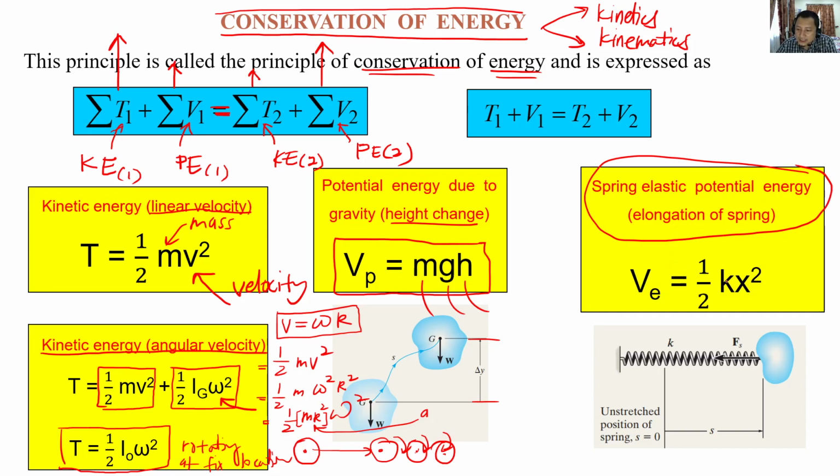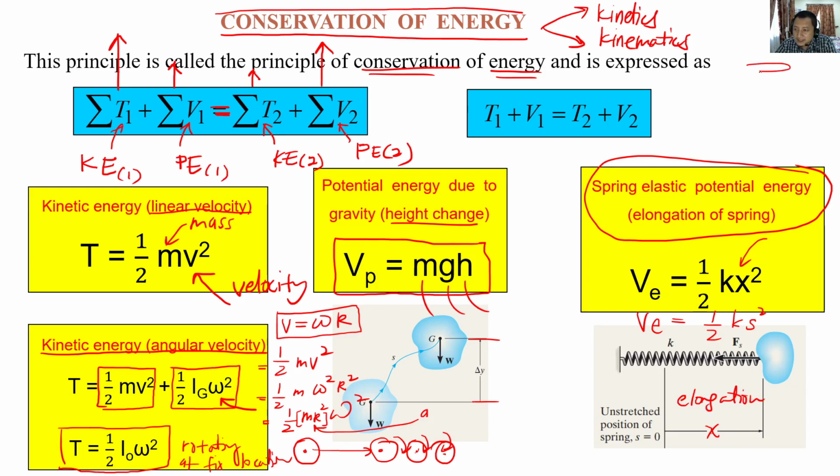This is due to the elongation. You can call it S or X. Some books will put half ks squared. It's the same: the potential energy due to the spring, half kx squared, where x stands for elongation.